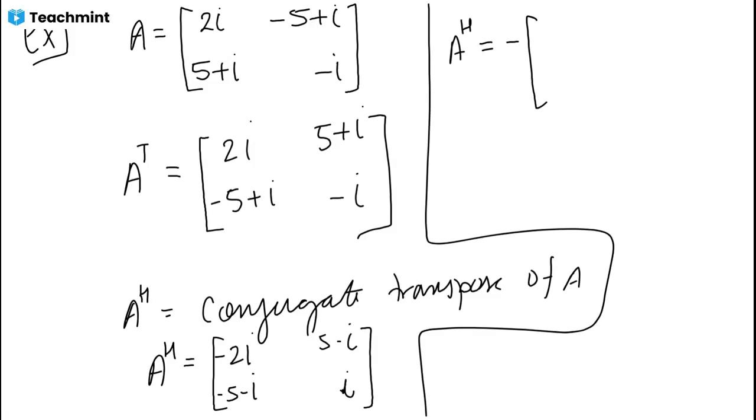Now we have 2 iota and here 5 plus iota, and here we have minus 5 plus iota and minus iota, which is equal to minus 5 plus iota and here minus iota, so which is equal to minus A. So the given matrix is a skew Hermitian matrix.